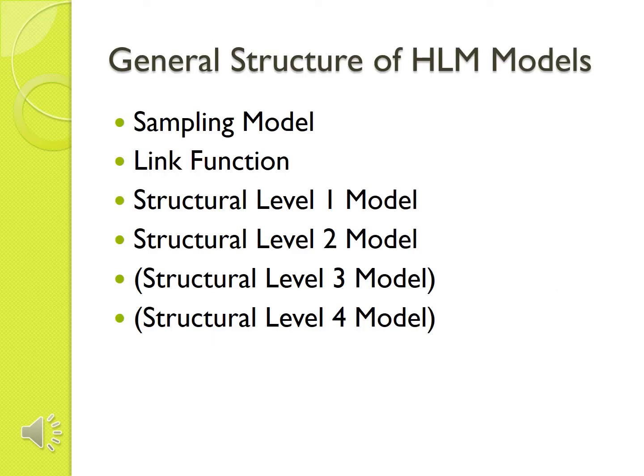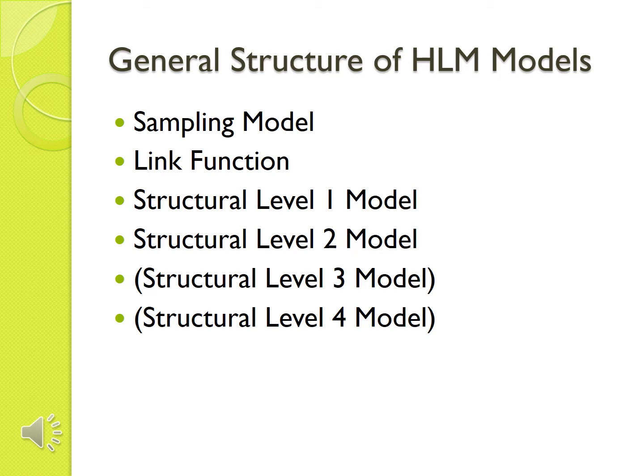There's a general structure to all HLM models that we haven't talked about because some things were just simple right now. So the two things we haven't talked about are the first two bullets on this slide. We haven't talked about a sampling model, and we just started talking about a link function. If we have a normal distribution, that's our sampling model, and that's the easy one mathematically.